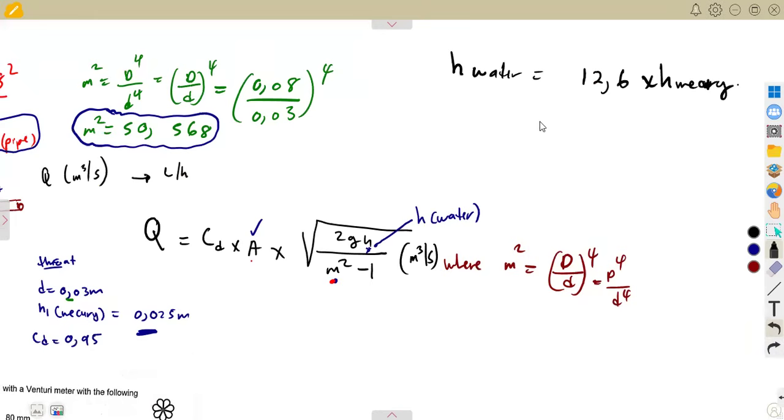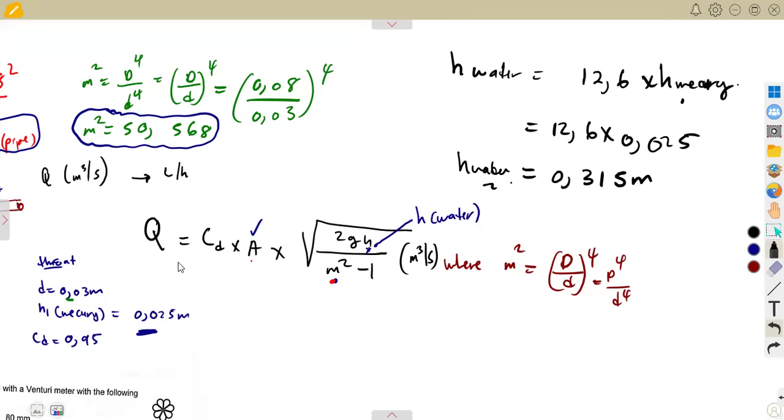So we're going to have 12.6 times the head of mercury, which is 0.025, the height of mercury. You've got the height of water if you do this. So that was going to give us something like 0.315 in meters. So this is the head of water that you're going to use.